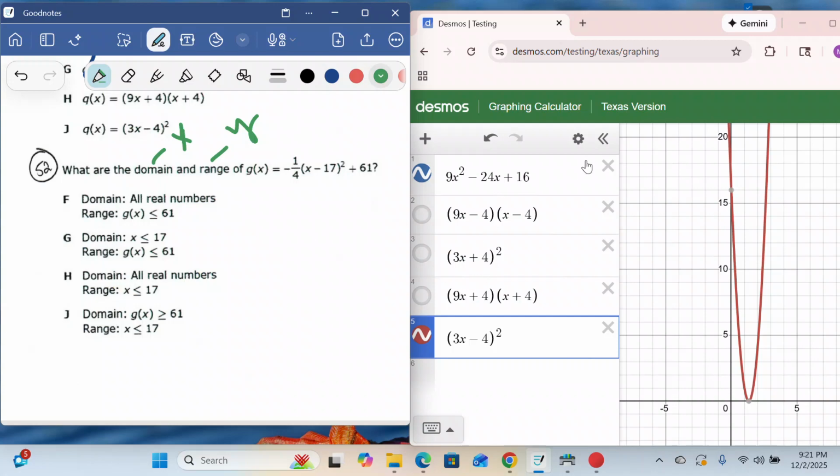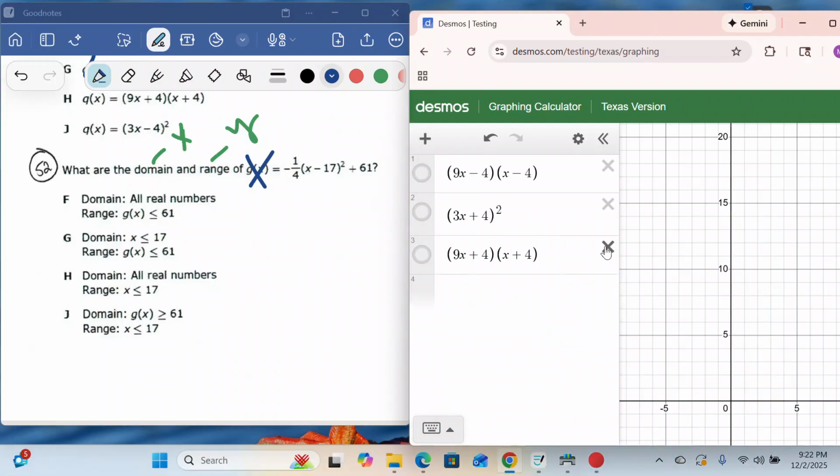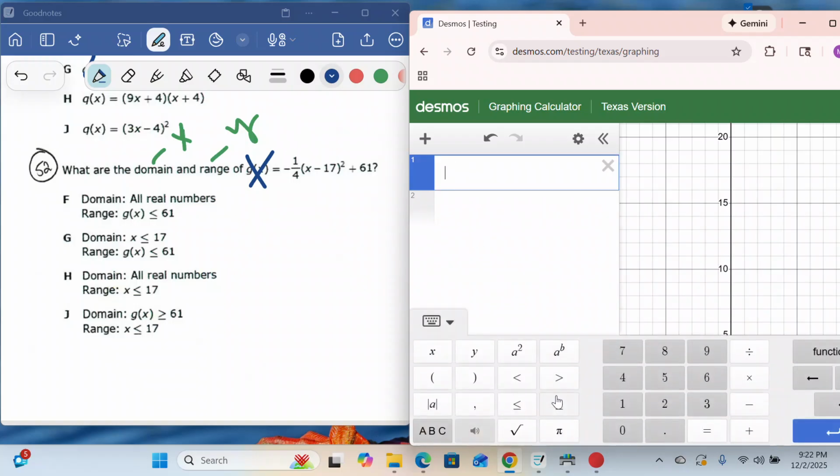Now they're asking for domain and range. So all I have to do is input this. And remember that I do not have to input g of x. All I have to do is input the rest into decimals. So I'm going to input it. It's going to be negative 1 divided by 4.